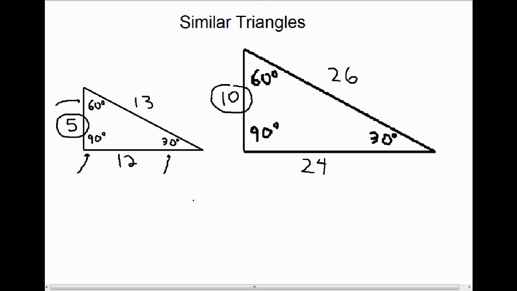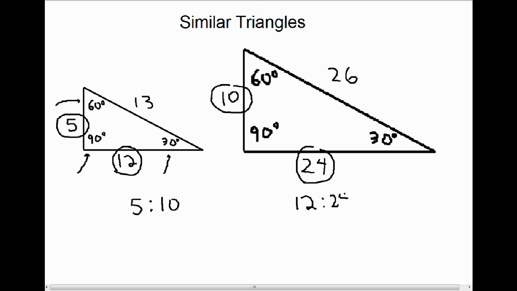If we look at this in terms of a ratio, the ratio there is 5 units to 10 units. Between the 90-degree and the 30-degree angle, here we have 12 units long, and the corresponding side there, between 90 and 30, is 24 units long. So there the ratio is 12 to 24.